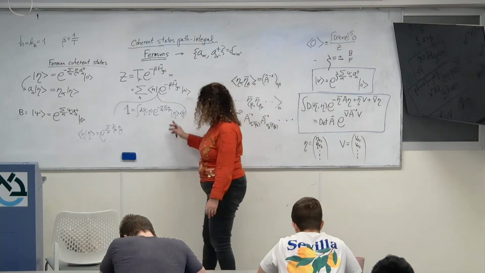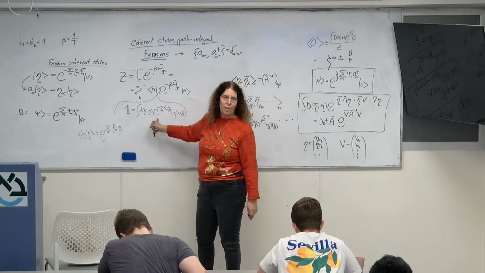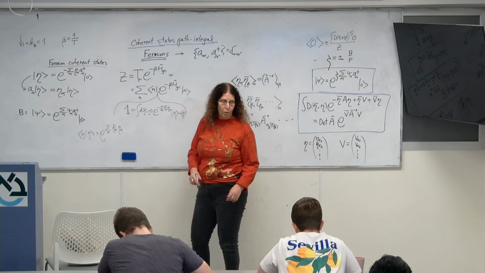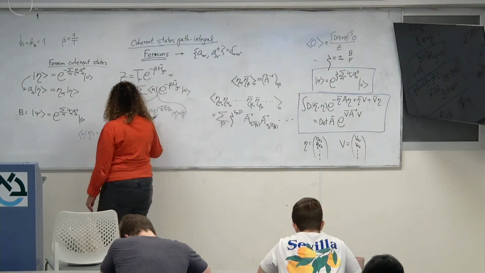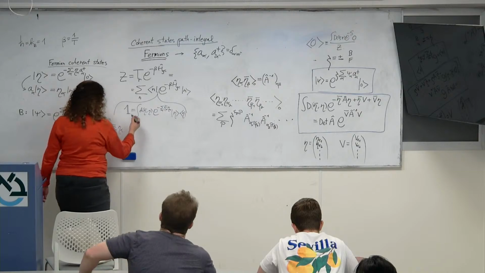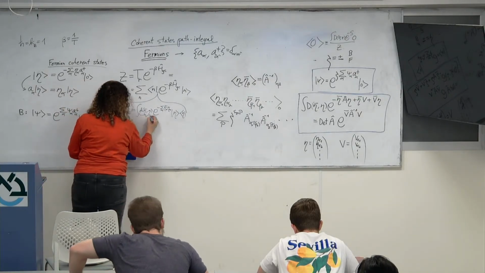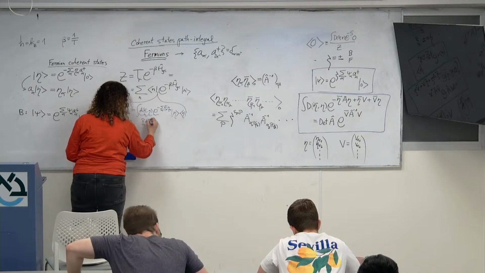But then, if I want to introduce a resolution of identity, I have to divide by this factor in order to get rid of this non-trivial overlap. And I just remind you that this is defined as a product over all alpha of d eta bar d eta.